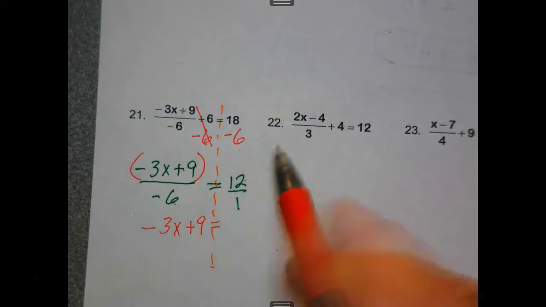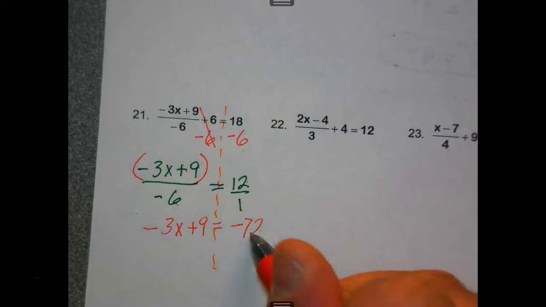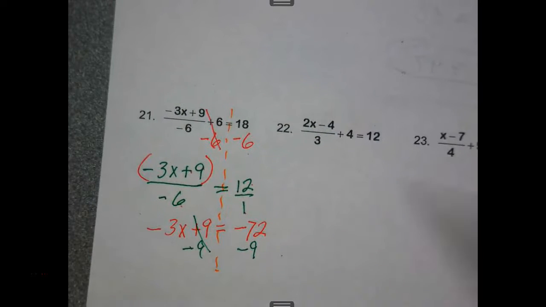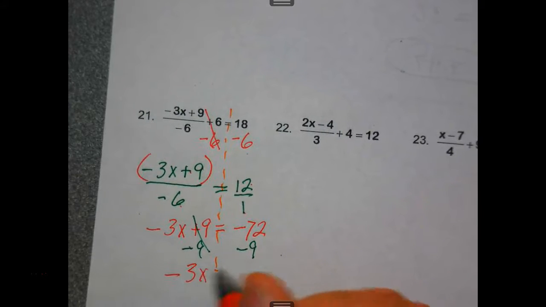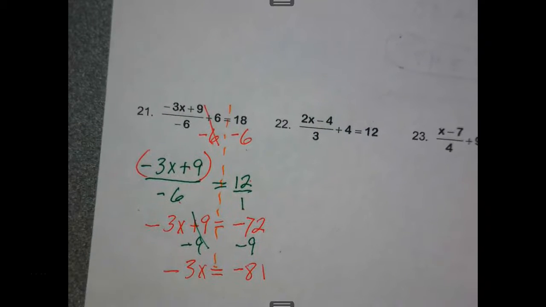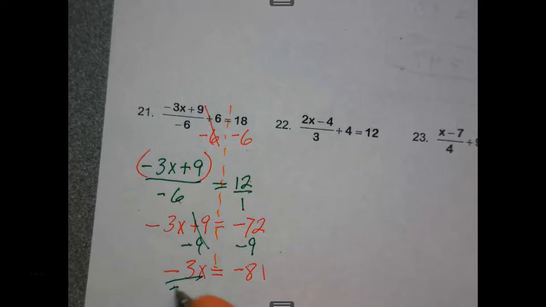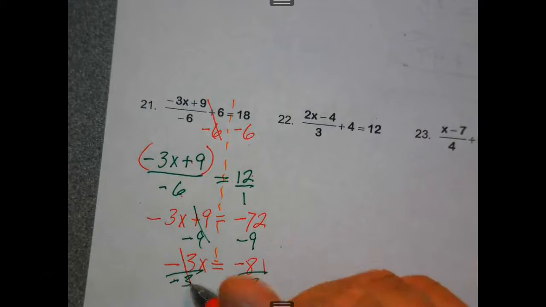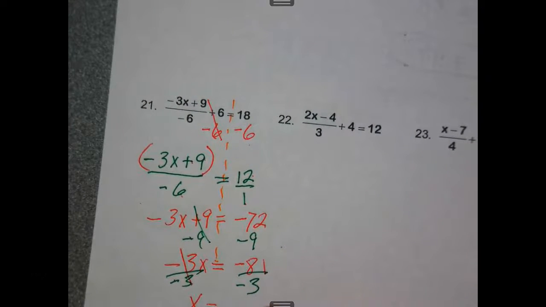Negative 6 times 12, negative 72. Subtract 9 from both sides. I get negative 3x equals negative 81. Divide by negative 3. And 81 is a perfect cube. x equals 27.